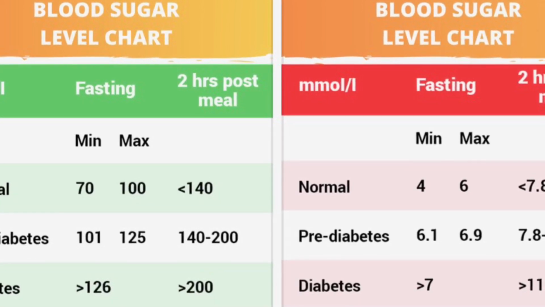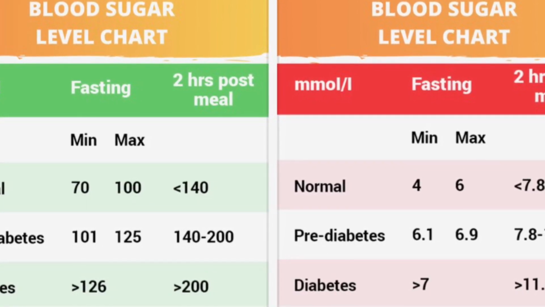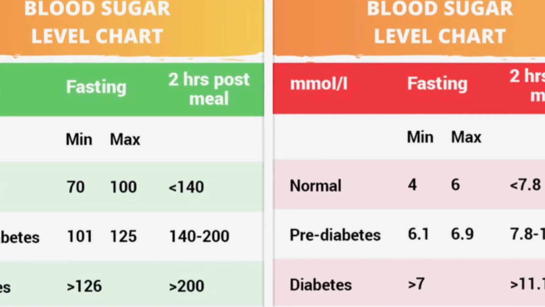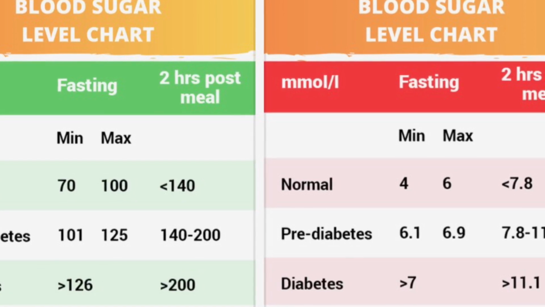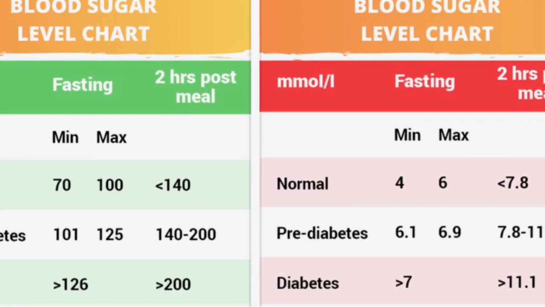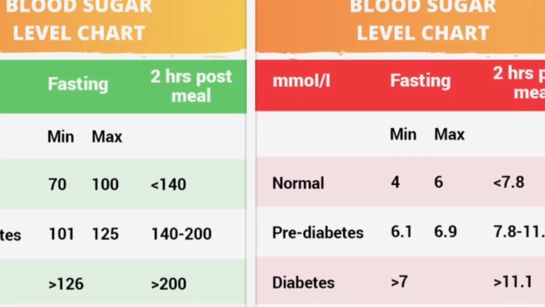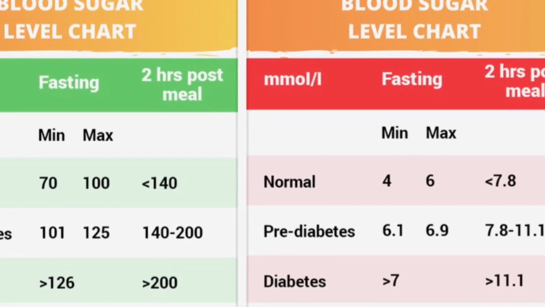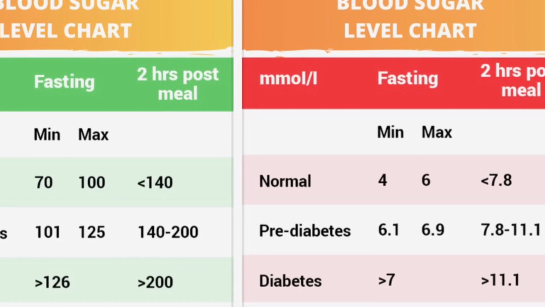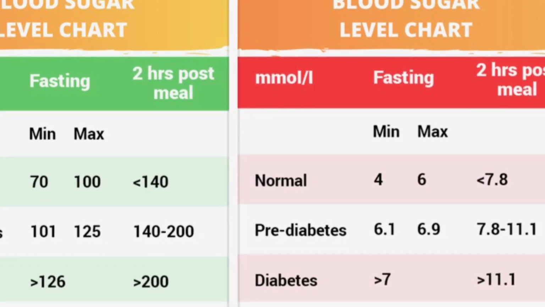I hope this reference chart will help you. It's been useful to me when I first tried to understand what were normal values. I found a wide range of numbers, but this chart seems to be pretty reasonable, and so I have saved it as a reference. There you go.